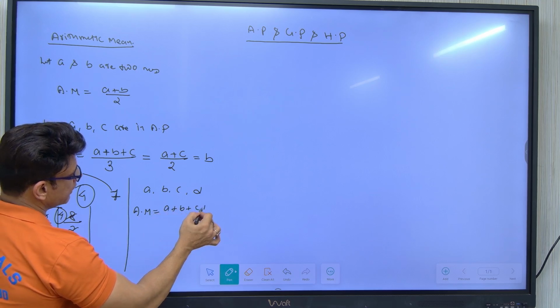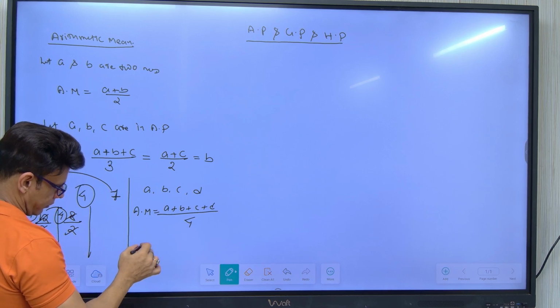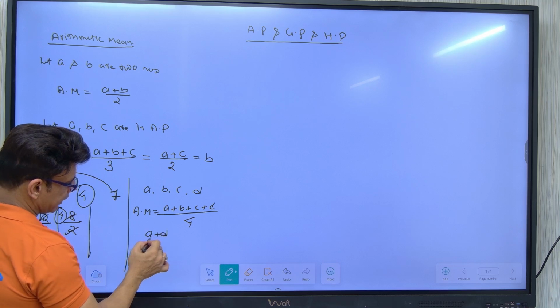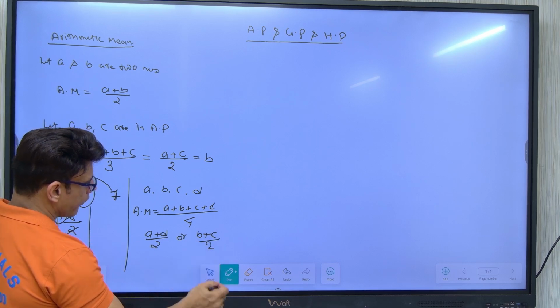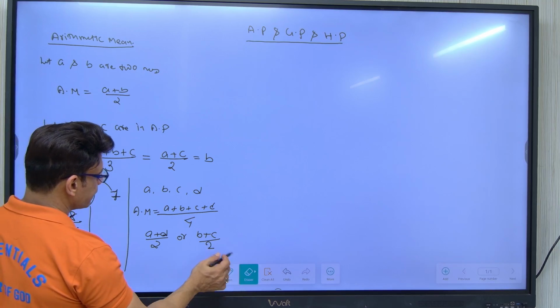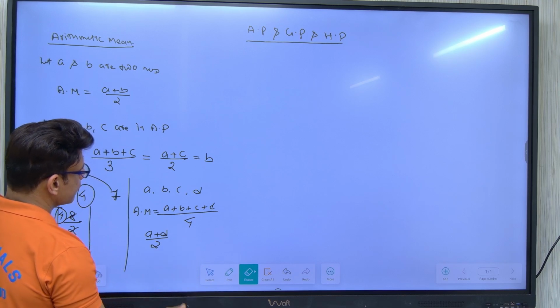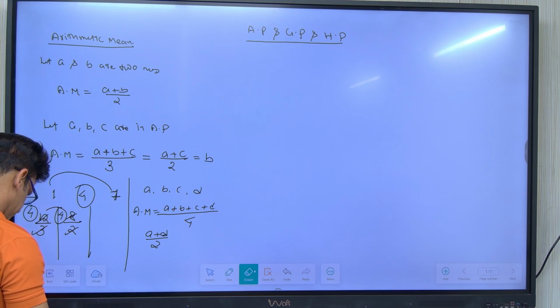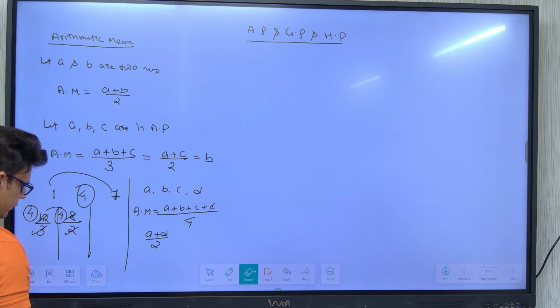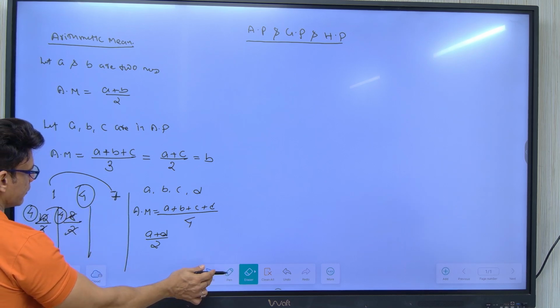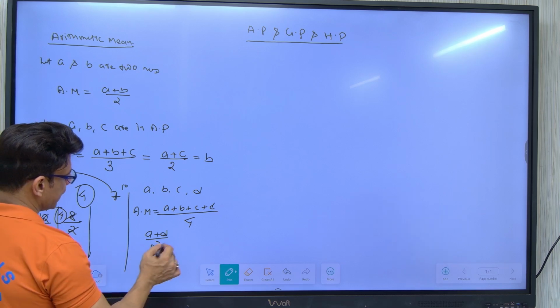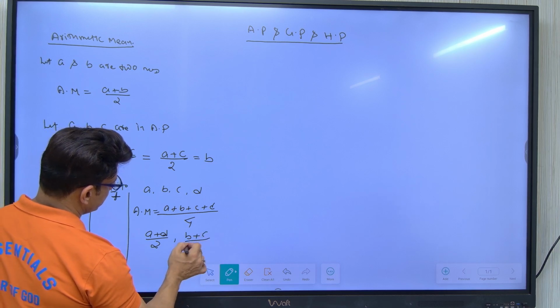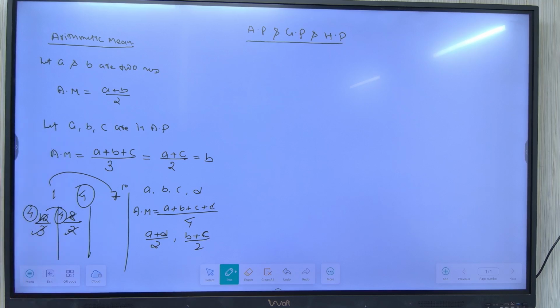A plus B plus C plus D divided by 4, or A plus D divided by 2, or B plus C divided by 2.